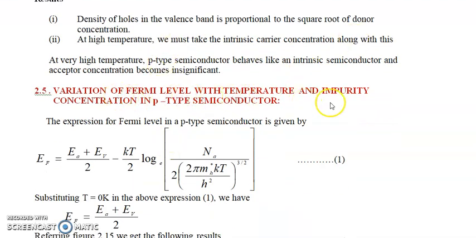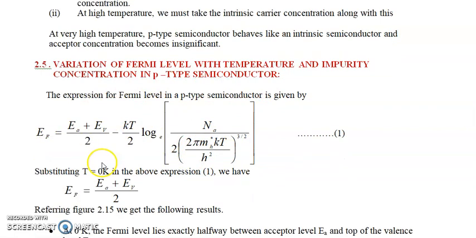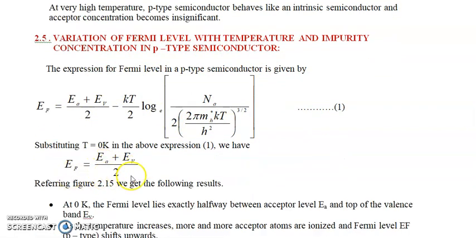Variation of Fermi level with temperature. This is the expression we got for Ef, the Fermi level. When T equals 0, the second term becomes 0, so Ef = (Ea + Ev)/2.